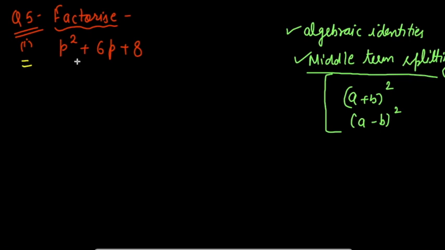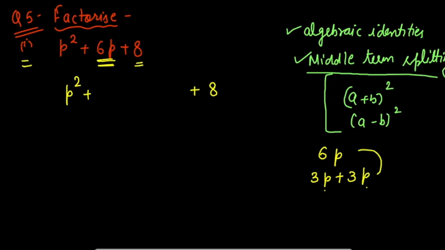Now you have to split the middle term such that the sum stays the same and the product of the constants should be 8, right? So you have to split 6p. If I write 6p as 3p plus 3p, my sum is 6p.